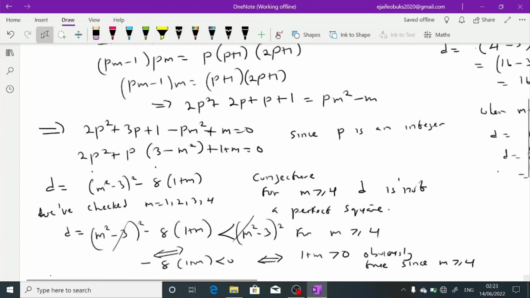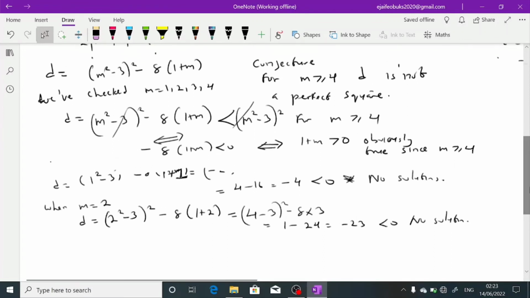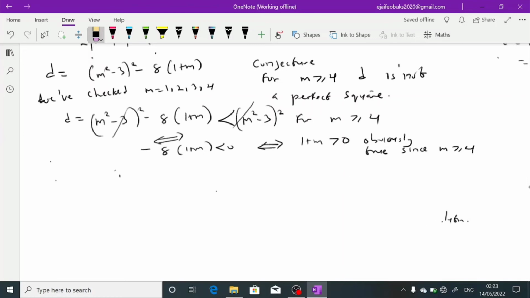So that takes care of that part. Obviously it's true since m is greater than or equal to 4. So now comes the second part.